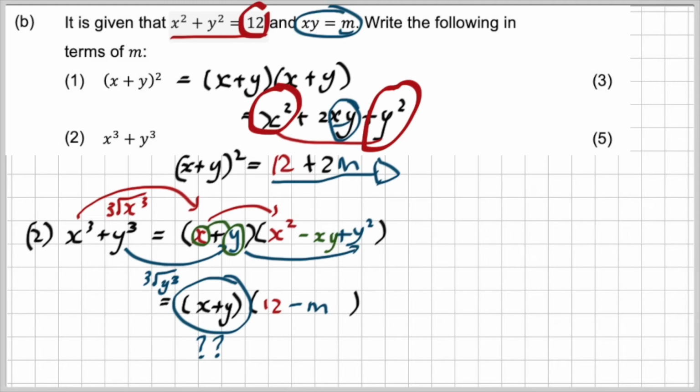Oh my head. How do I get that in terms of M? But wait. Didn't I do B1 already?